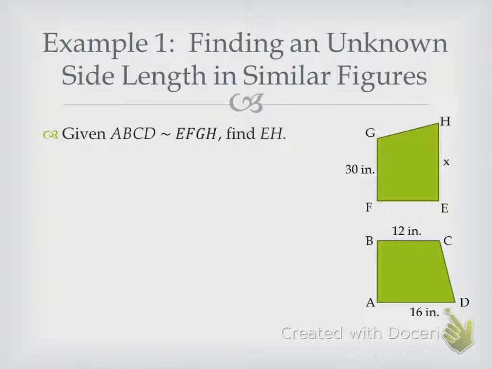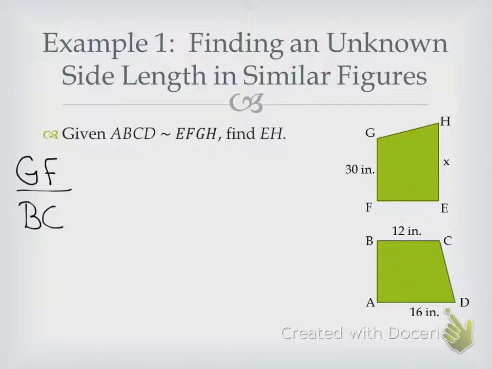Let's start off with, in the first shape, the side that we know, GF. What is the corresponding side to GF? CB. I thought you said CD. Okay, so it's going to be CB or BC.